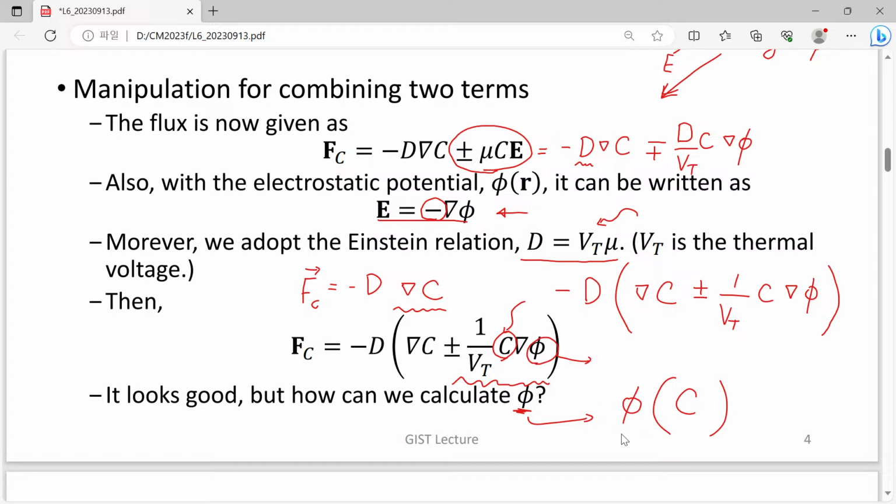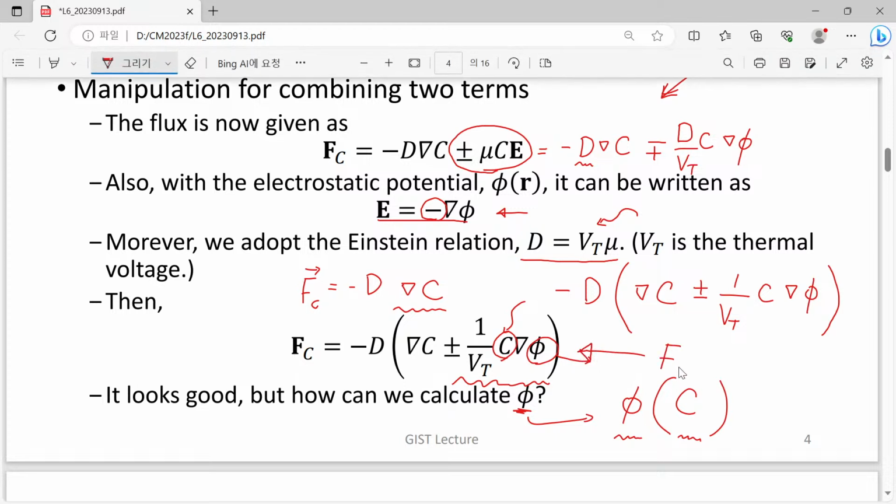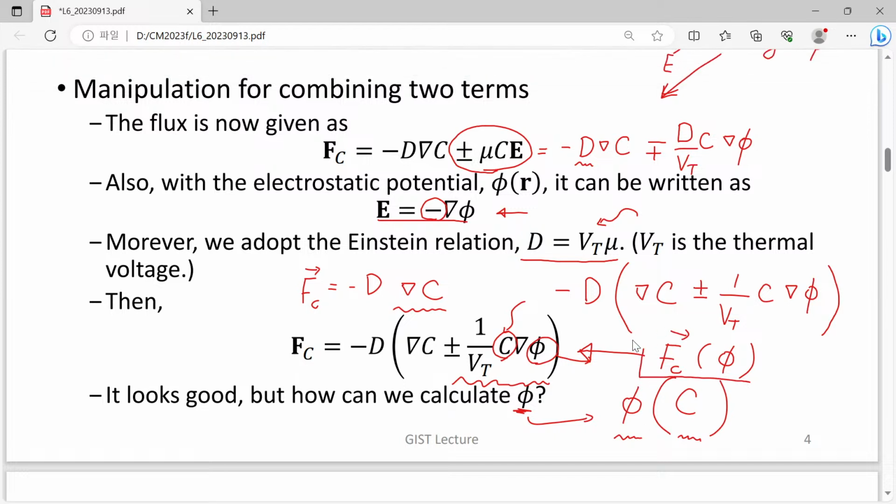However, if phi is modeled as a function of concentration, then eventually our form can be written as the flux in terms of only concentration. Sorry, I made a mistake with the terminology.